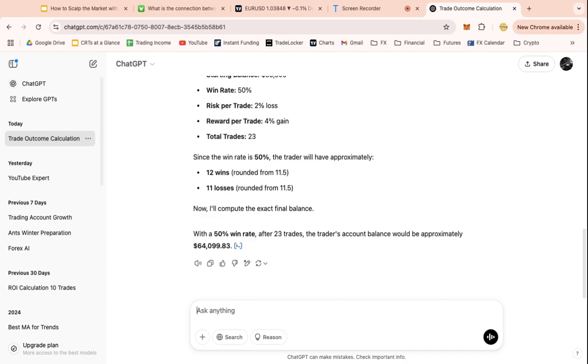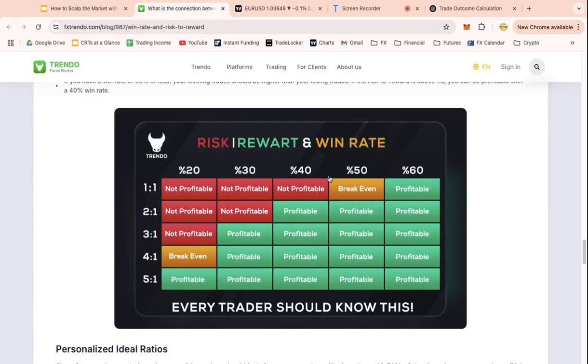Okay, so that's that. And the last thing I'll show you is if we change the risk to reward. Let's say you somehow tried to get 3 to 1, but I'm going to keep it at a 40% win rate.